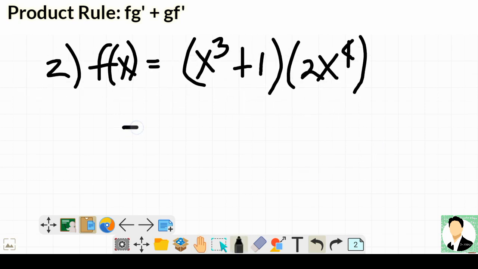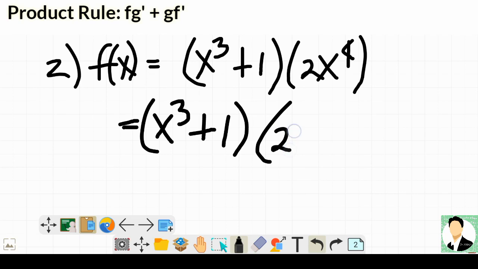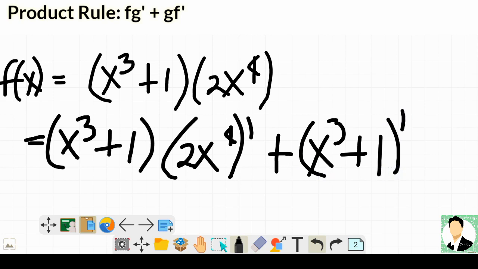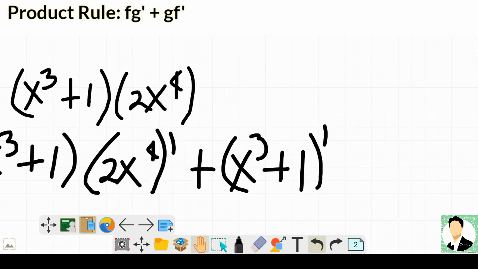First, x cubed plus 1 derivative ng 2x raised to 4, and then plus x raised to 3 plus 1 derivative, and then times 2x raised to 4.